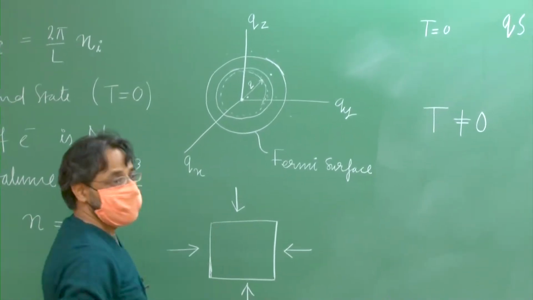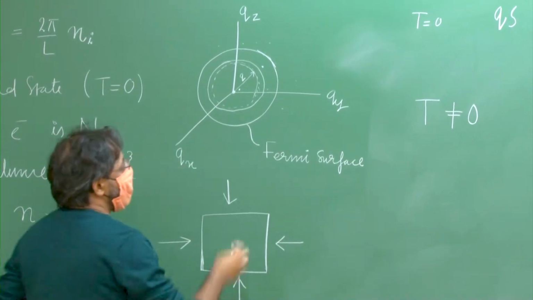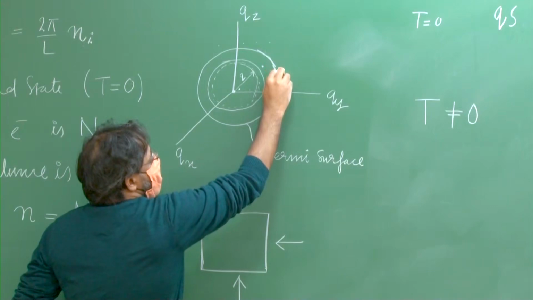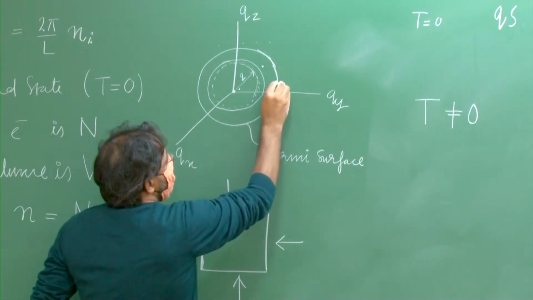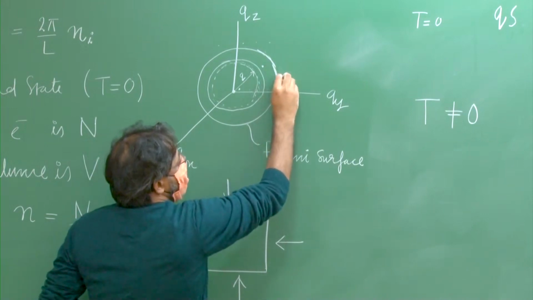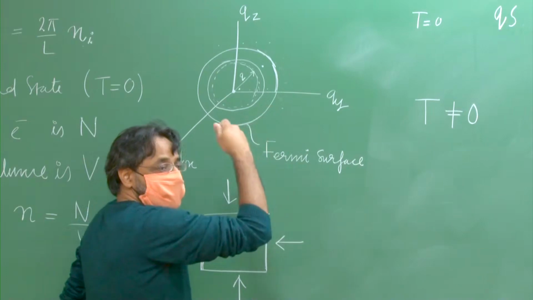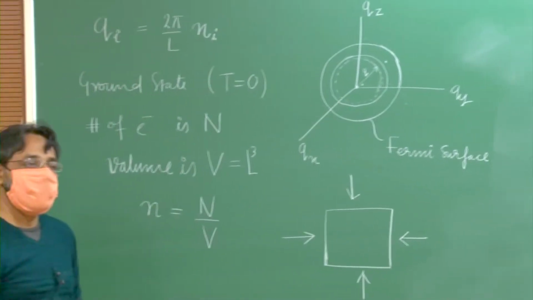But when you start increasing the temperature, and let us say at some temperature T, what is going to happen is that the states that are within kBT of the Fermi energy, from those states, the electrons will be excited to the states that are within kBT above EF of the Fermi energy.